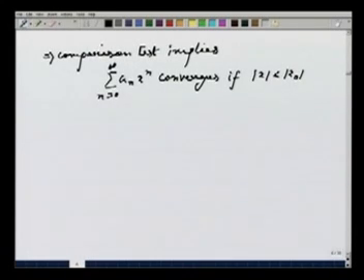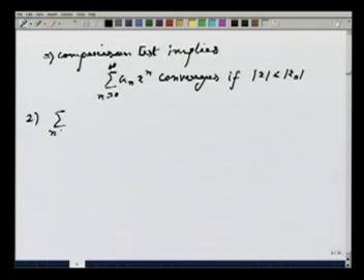Okay. Now let us go to the part 2. What it says, that if at some point x1 it diverges, then for mod x bigger than modulus of x1, the power series diverges. So let me write down the hypothesis first. The given hypothesis is summation n from 0 to infinity a n x1 to the power n diverges.